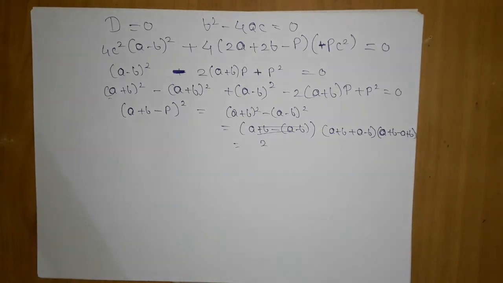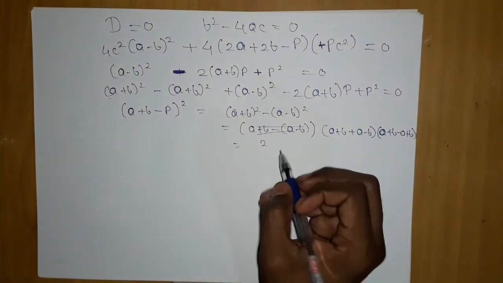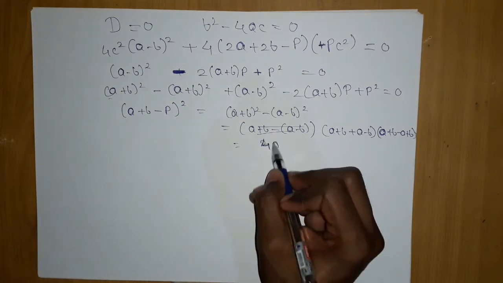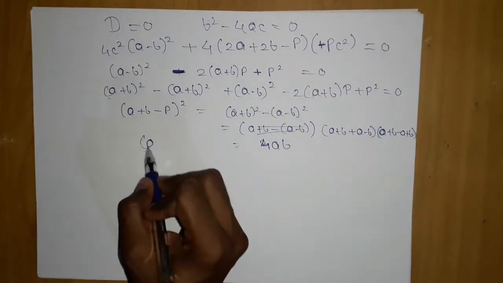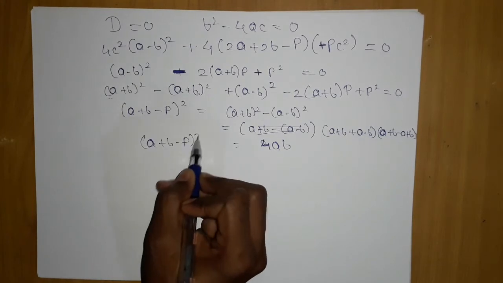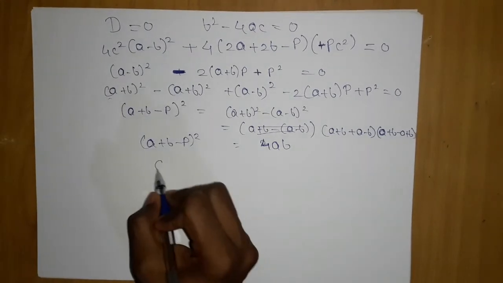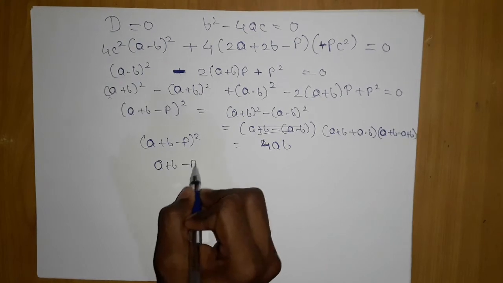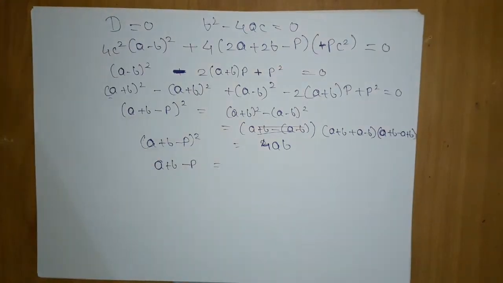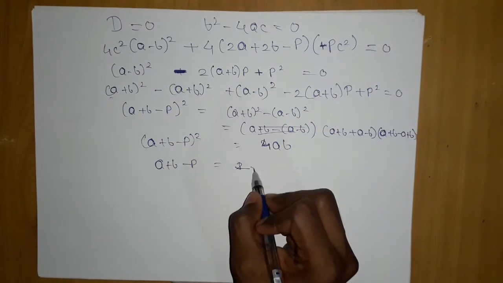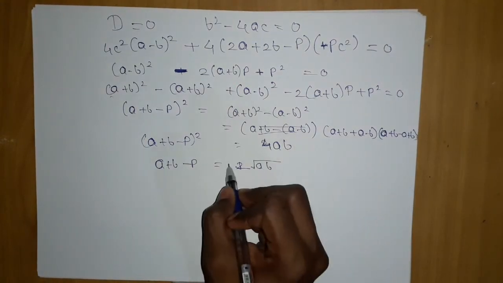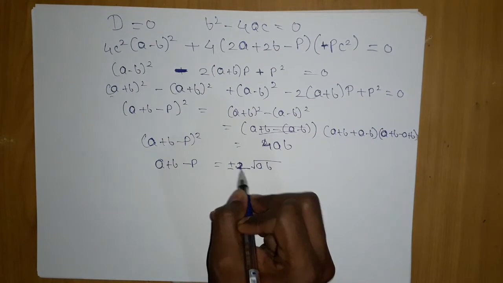So what we will get here is 4ab, and here we have a plus b minus p the whole square, which will lead to a plus b minus p. If I take the square to that side, it will become 2 under root ab with plus minus sign.